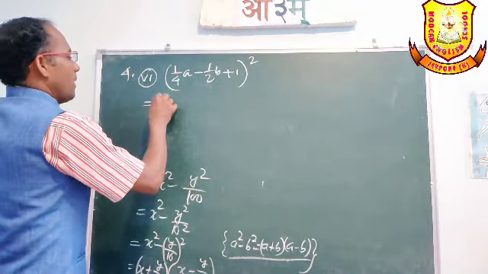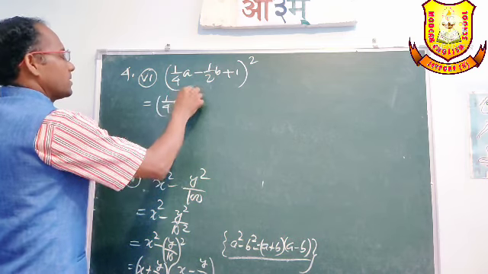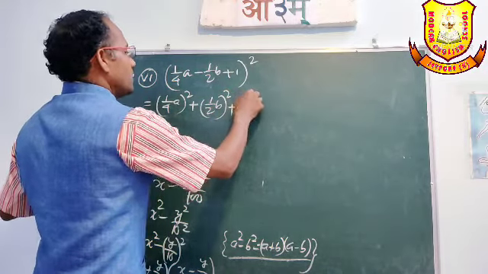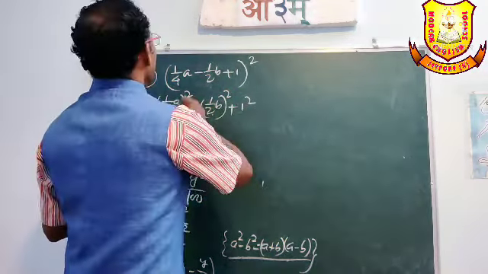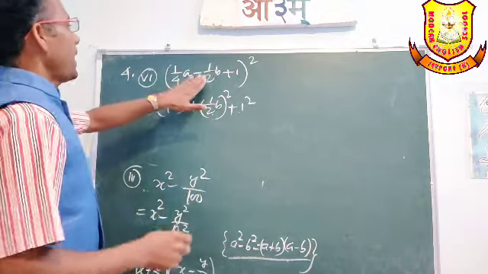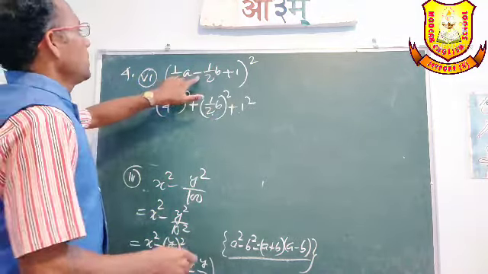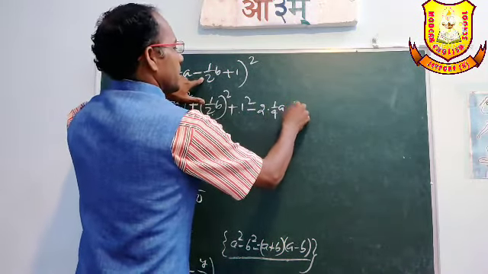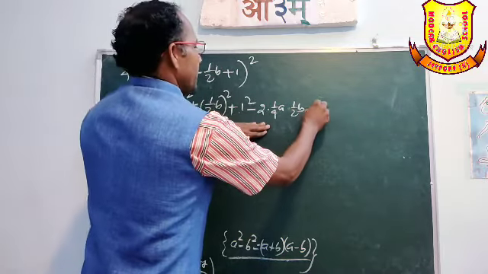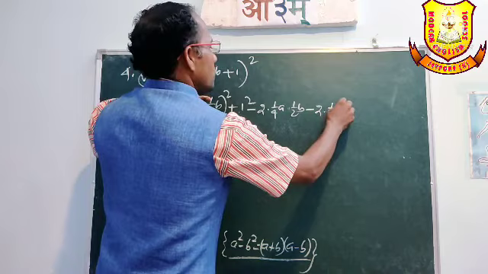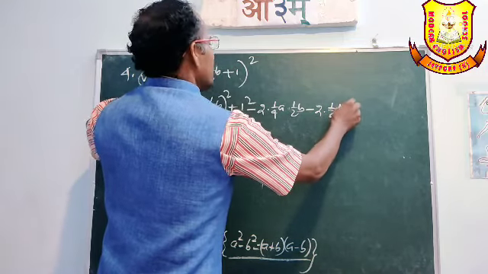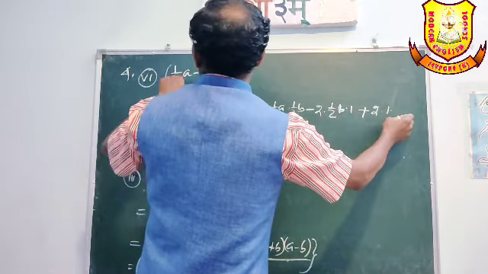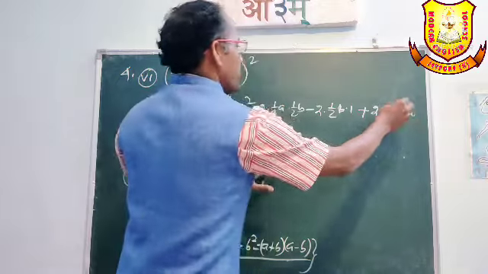That is (1/4a) square plus (1/2b) square plus 1 square, a square plus b square plus c square. As here it is (a − b + c) whole square, it will be minus 2ab, minus 2bc, plus 2ca.